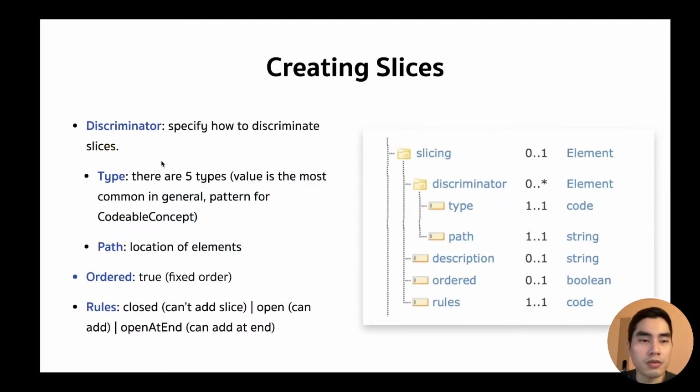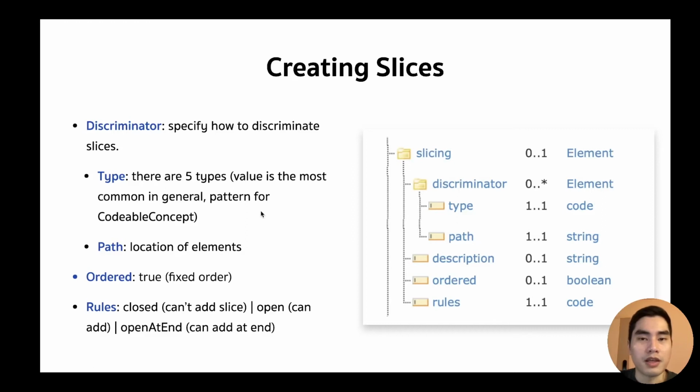So come back to this discriminator a bit. Discriminator type is the way that you want to use for discriminating elements, and there are 5 types. I would say value is the most common. Actually, it's even the only one that I ever use, but I know many people also use pattern for discriminators as well.